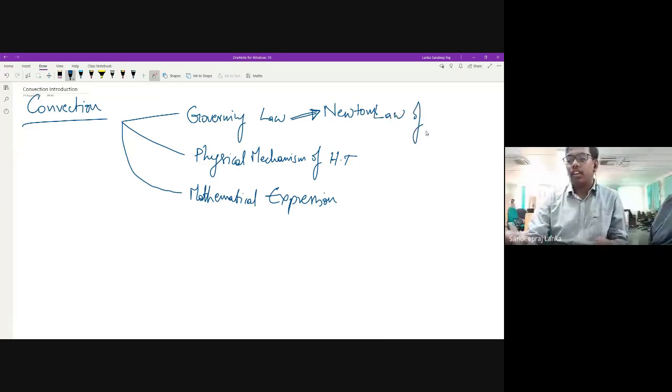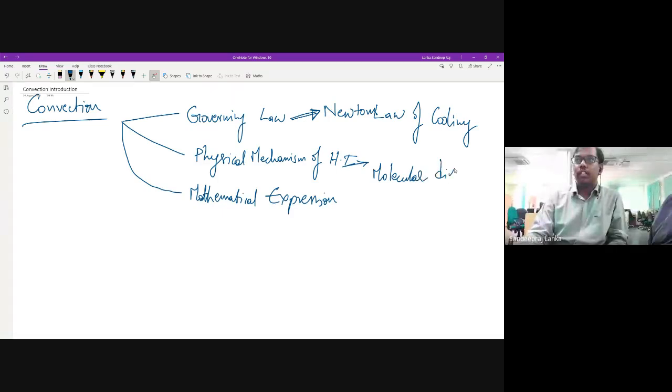So what is the physical mechanism of heat transfer? The physical mechanism of heat transfer is molecular diffusion and molecular collision.